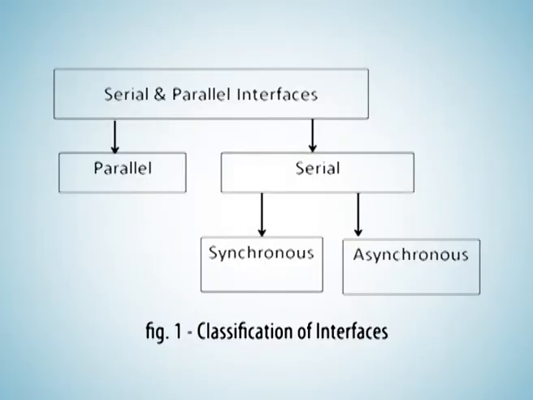Figure 1 shows classification of interfaces used in a computer system. A computer has many interfaces, and here we will discuss the two in particular, namely serial and parallel interfaces. Let us assume that we wish to send a single character A from PC to another device such as a printer or modem.